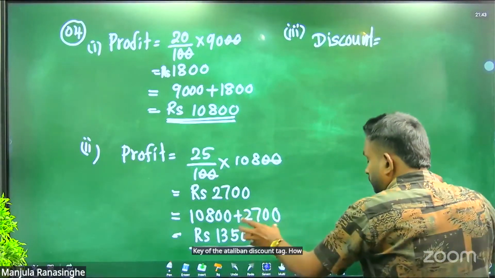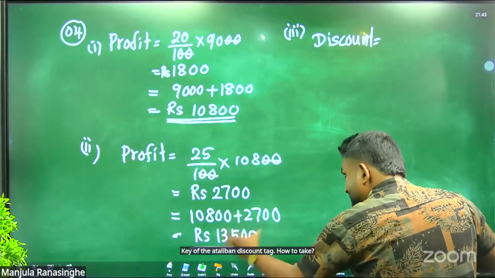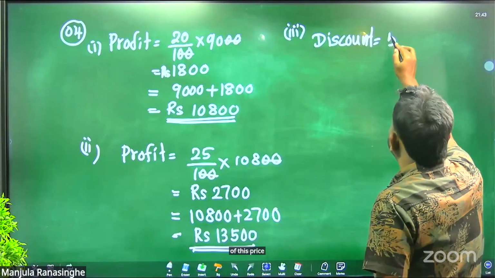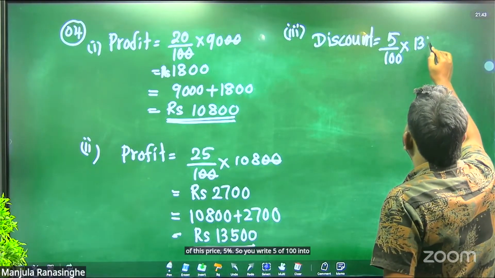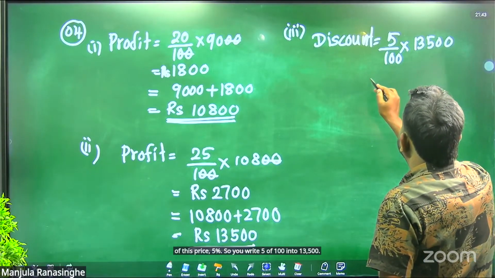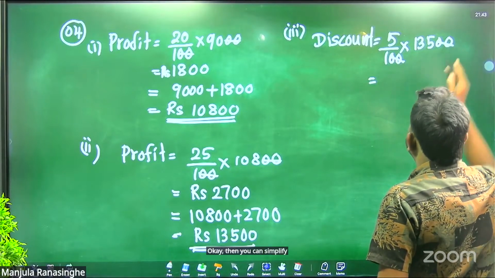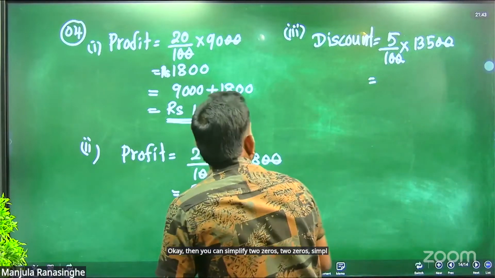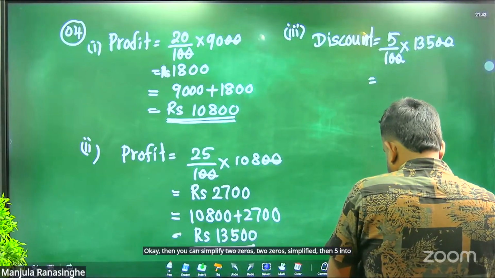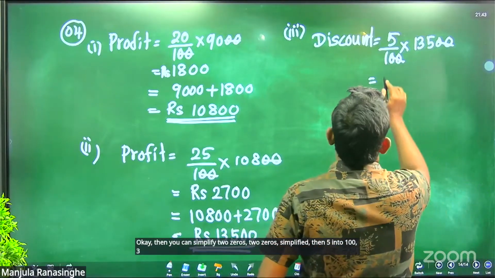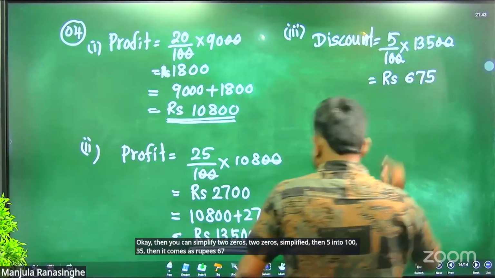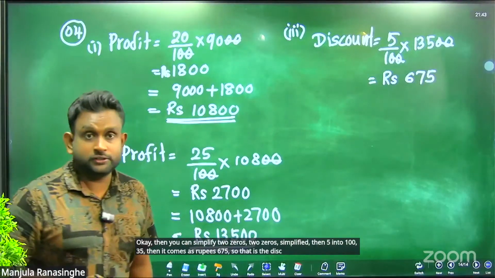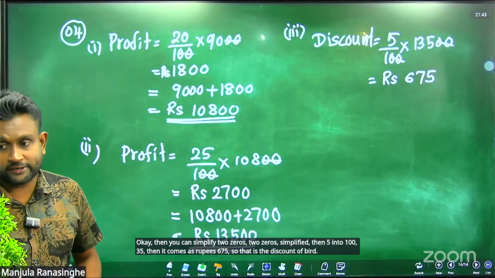How to take? Of this price 5%. So you write 5 upon 100 into 13,500. Okay, then you can simplify two zeros. Then 5 into 135, it comes as rupees 675. So that is the discount offered.